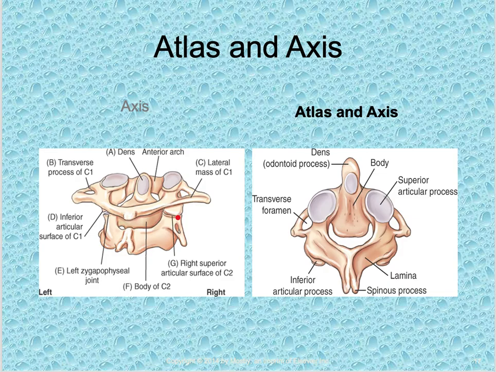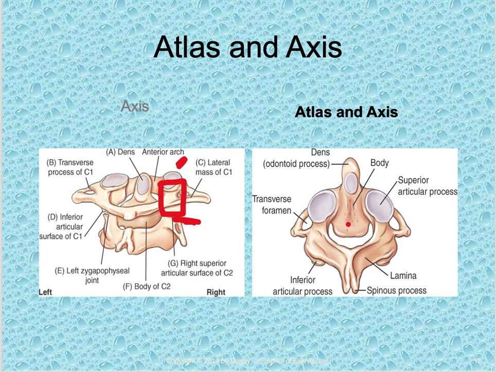So you're just using the atlas axis joint, whichever one, or just a zygapophyseal joint, okay, on the pillar. So this is the atlanto-occipital, and then this is a zygapophyseal joint, or the axial atlantal joint.